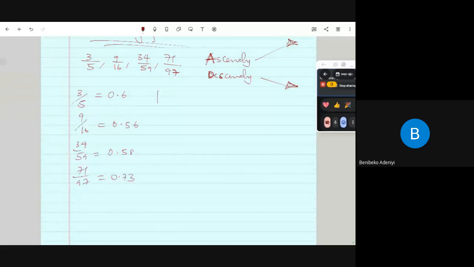So in this case, if you arrange based on this, you pick what first? 0.56 first, then 0.58, then 0.6, then 0.73. 0.56 is 9/16, 0.58 is 34/59, 0.6 is 3/5, 0.73 is 71/97. Don't forget, like I said, JAMB is not about the method we do. It's about using the fastest method.